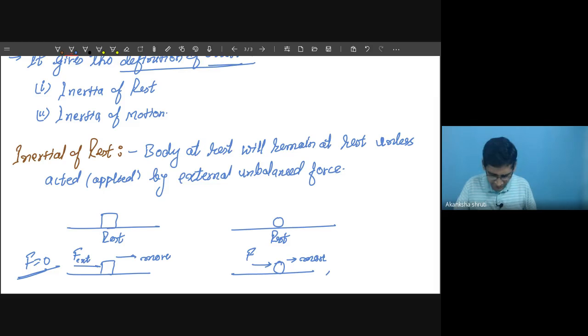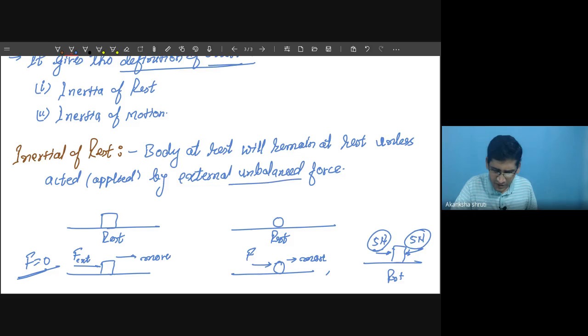We also have to keep in mind, say if the body is initially at rest and we apply 5 Newton from left to right and 5 Newton from right to left, the body will again not move. Therefore, just applying the force is not sufficient. Rather, the applied force must be unbalanced. So it will remain at rest.